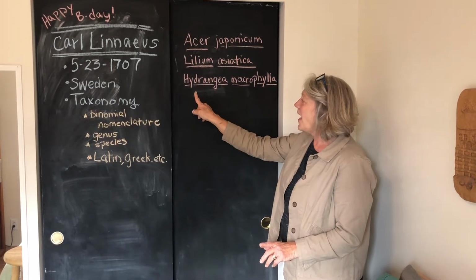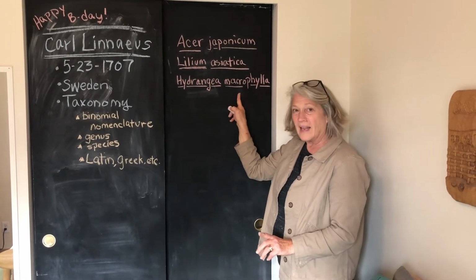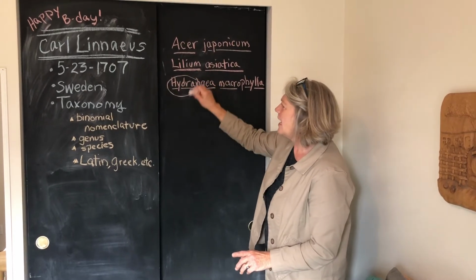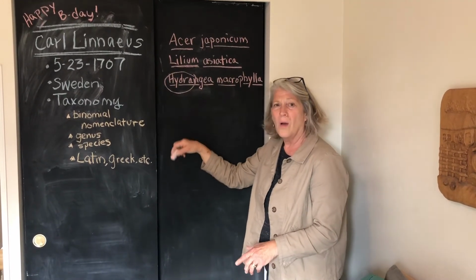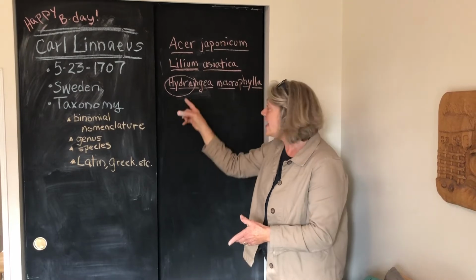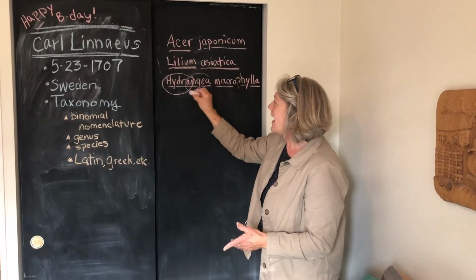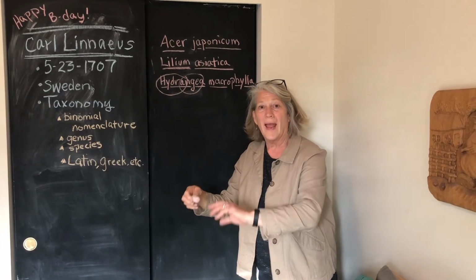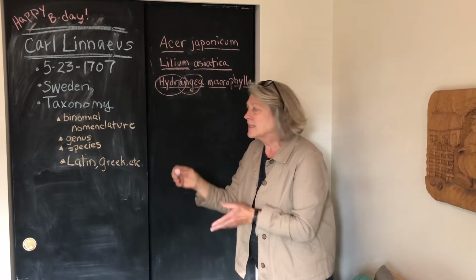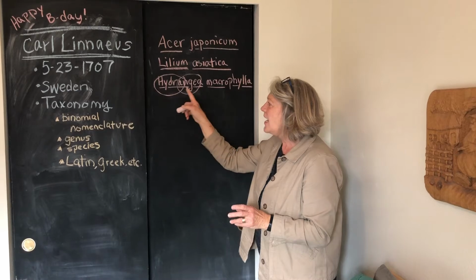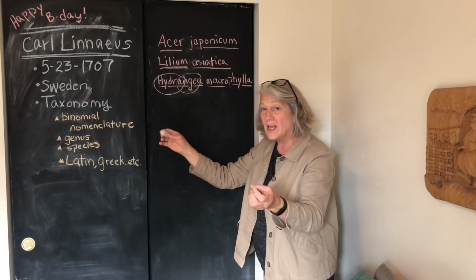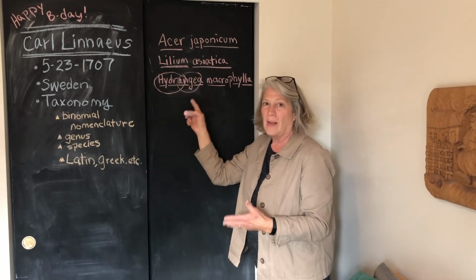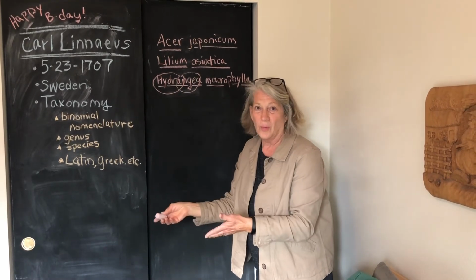Here's another one, Hydrangea macrophylla. Well, hydrangea, we see something here that kind of looks like hydro, water. Yes, and this is a root for a container or a pot. So the word hydrangea takes its meaning from two root words, a water-loving plant or a plant that you're going to need to pour a lot of water on.